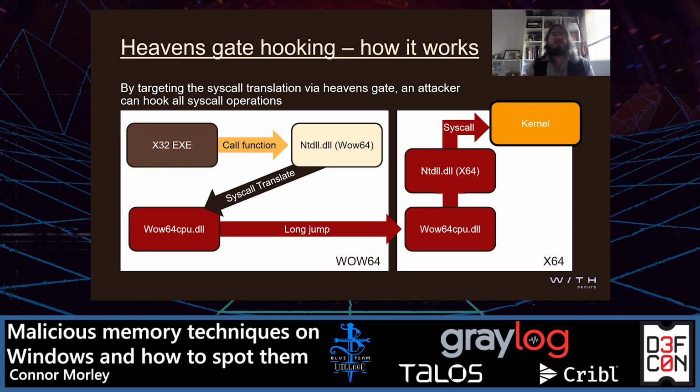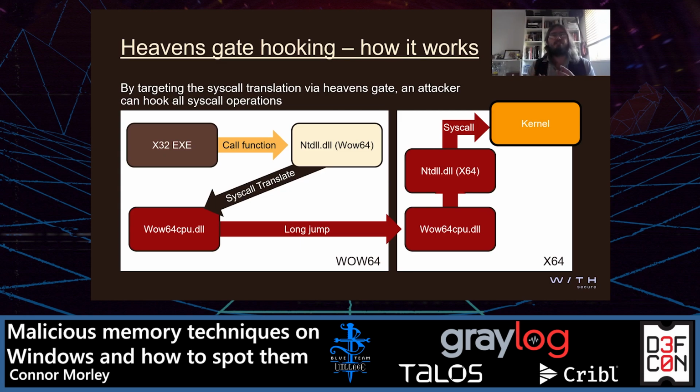Before I move on to detection, it is worth noting that Heaven's Gate, in this instance, is done through the inherent native Heaven's Gate, but there are alternatives where the long jump I've mentioned within WOW64 CPU, which constitutes Heaven's Gate, can be implemented manually in order to conduct the CPU mode transfer without going through the native module.